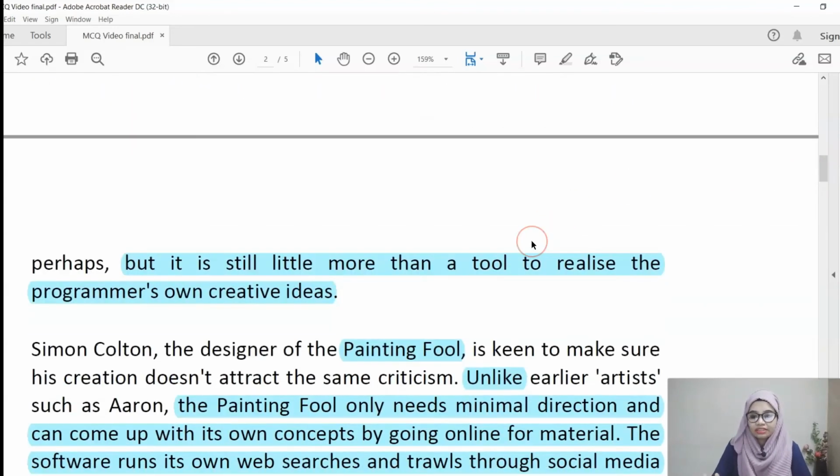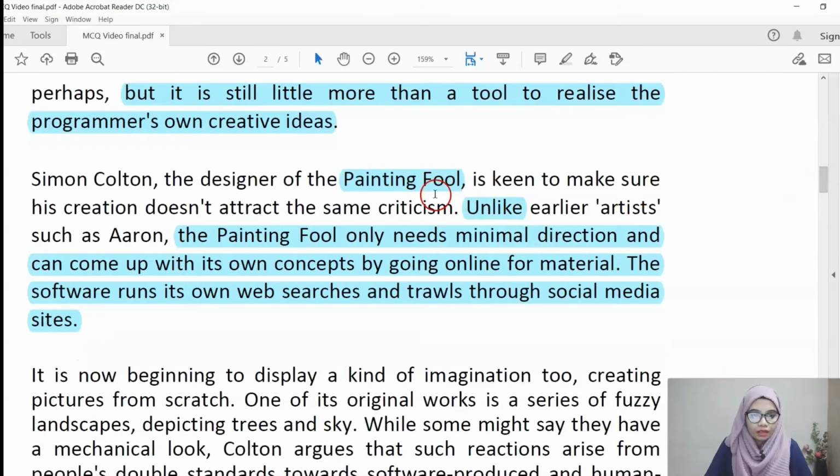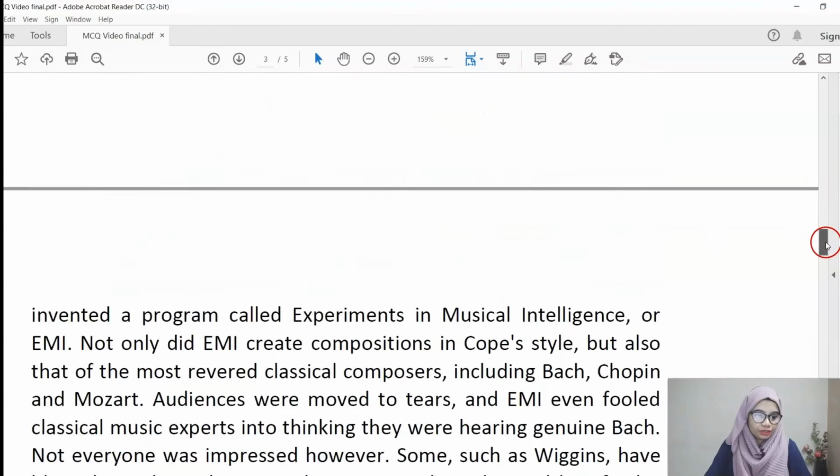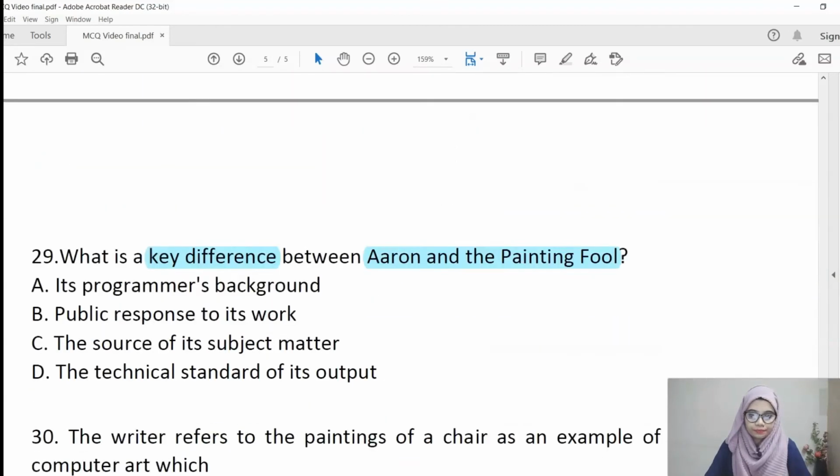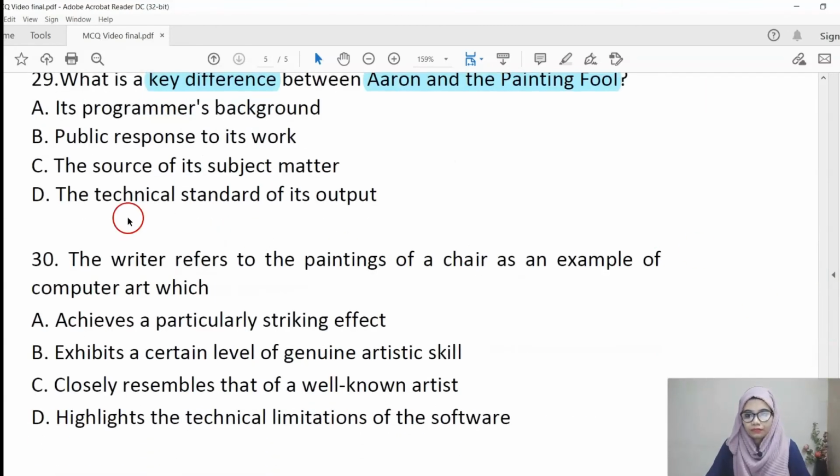But it doesn't say if this is what the audience was thinking. This is something that the writer is thinking, because he doesn't quote the audience here. So no. And nothing as such in the paragraph about the Painting Fool as well. So public response to its work is not the answer.